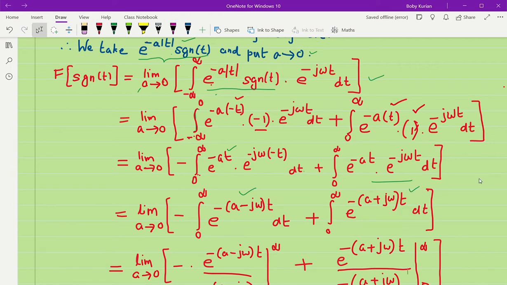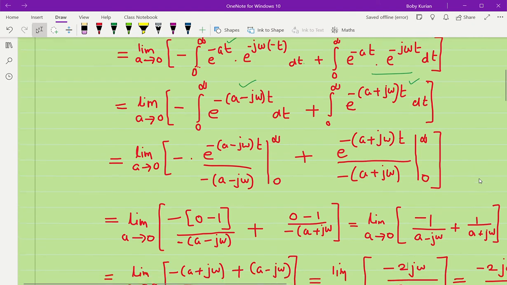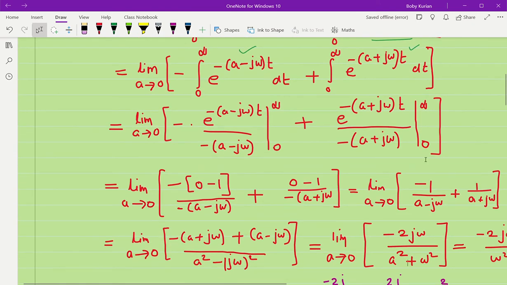Now what is next? We have to integrate it. When we integrate, it is in the form e power minus x, or e power minus x into t. When we integrate, we get e power minus x t divided by minus x. Okay, so that is equal to, so we are getting here, e power minus (a minus j omega) into t divided by minus of (a minus j omega). Okay, so the limit of integration is 0 to infinity.